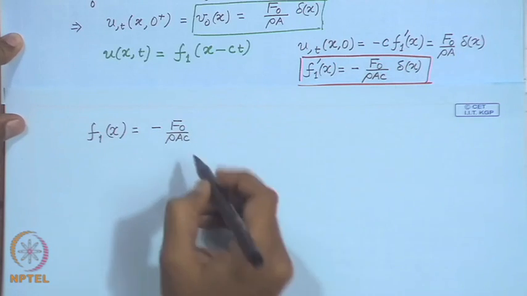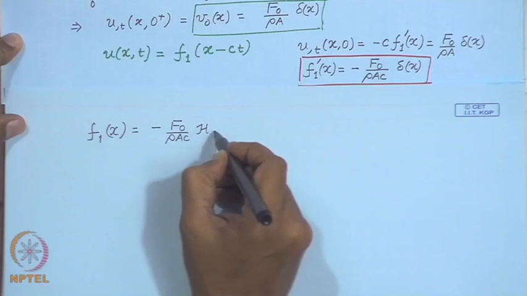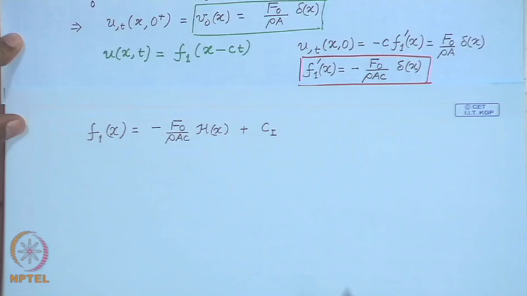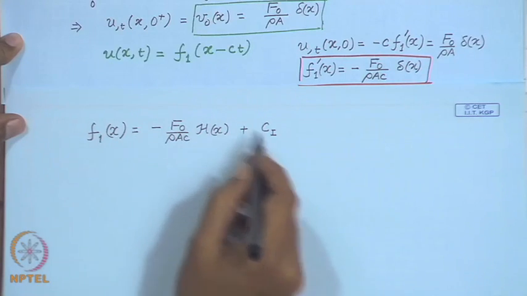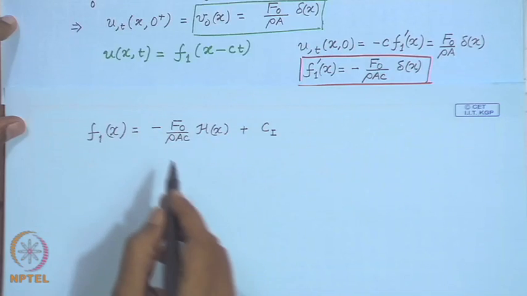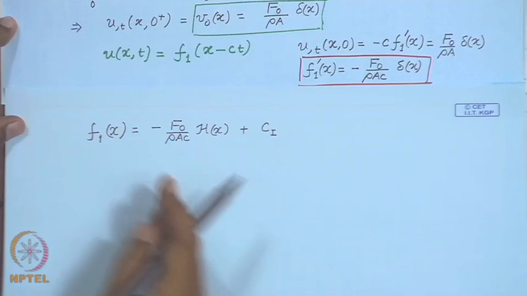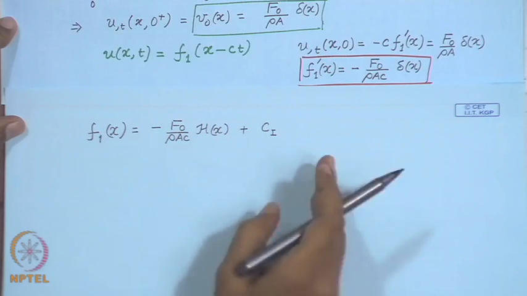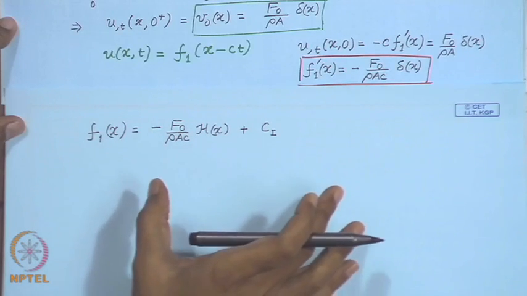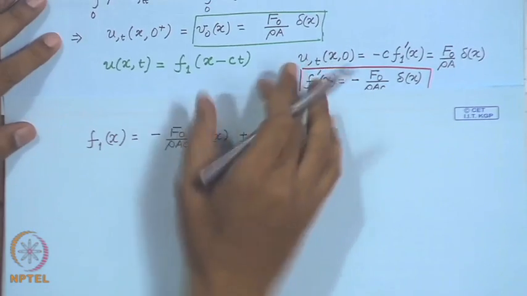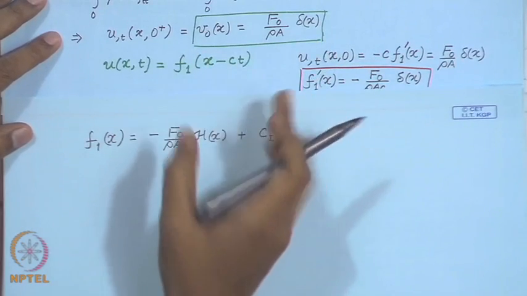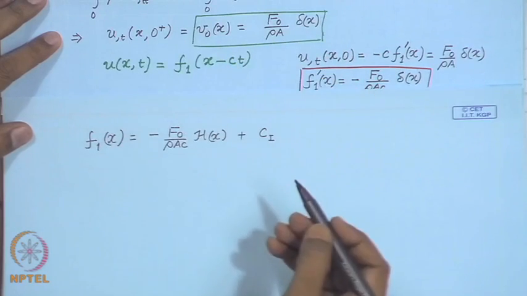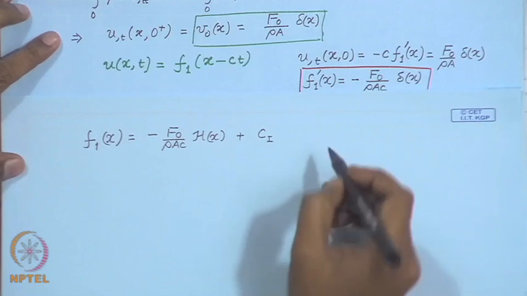The integral of this Dirac delta function is the Heaviside step function, and there is going to be a constant of integration. Now, we use the condition that the displacement of the bar is 0 even after this impulse. Just after the impulse has been applied, the bar has taken a velocity distribution like this, but its displacement is still 0.